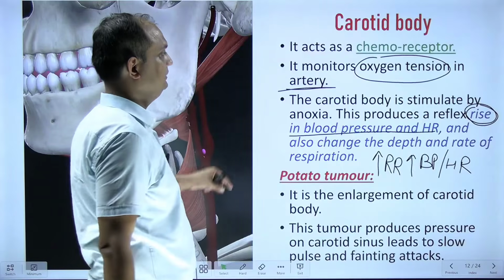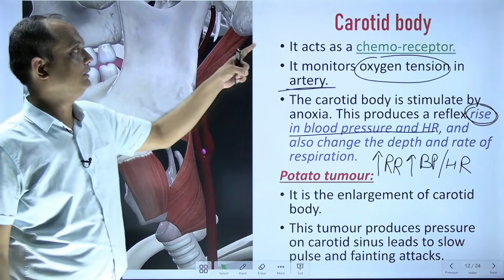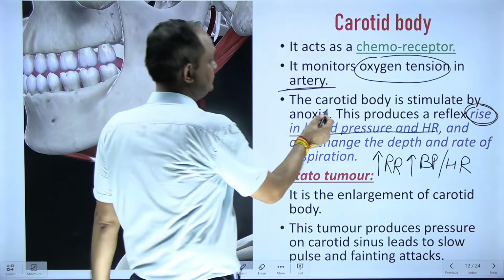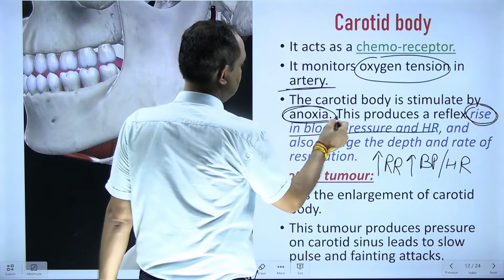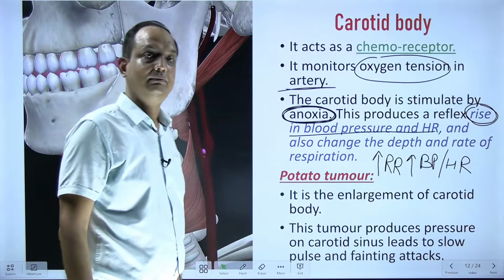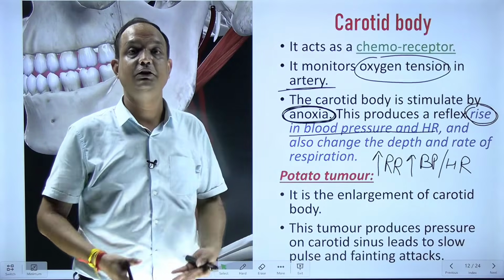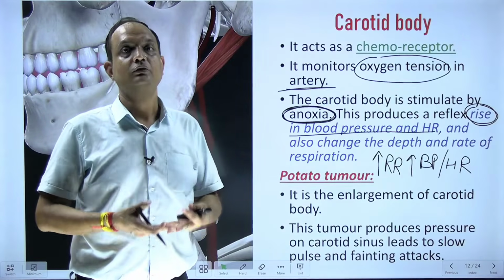So, here you have to understand what is the stimulating factor for the carotid body? The answer is anoxia. That means when the oxygen concentration decreases in the body, at that time this carotid body increases your depth of respiration and rate of respiration. So, what is the effect?